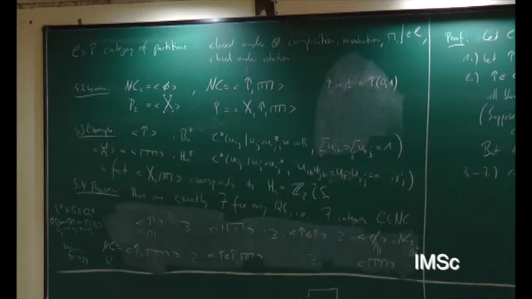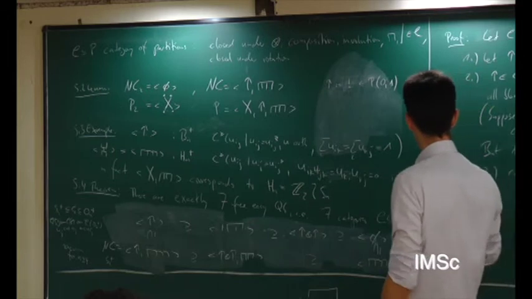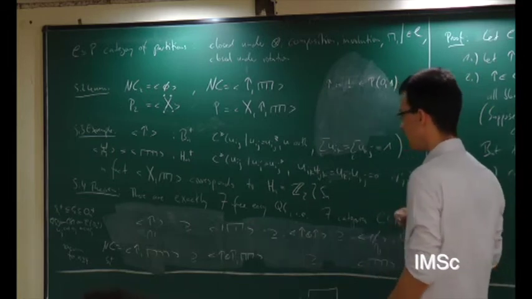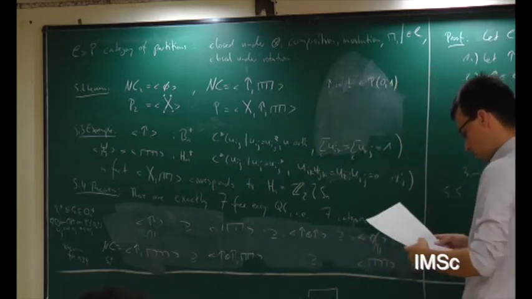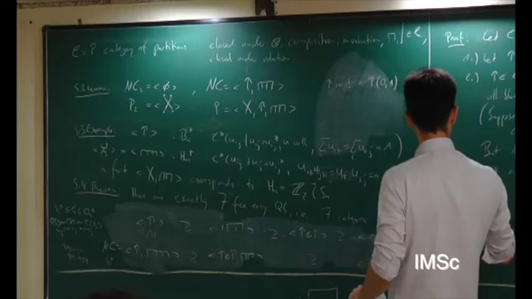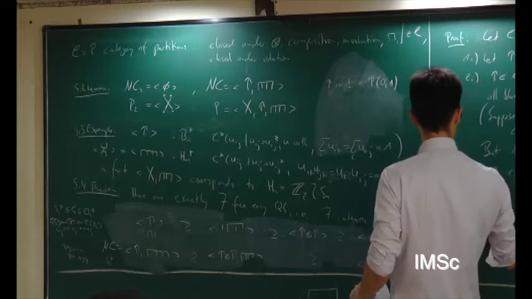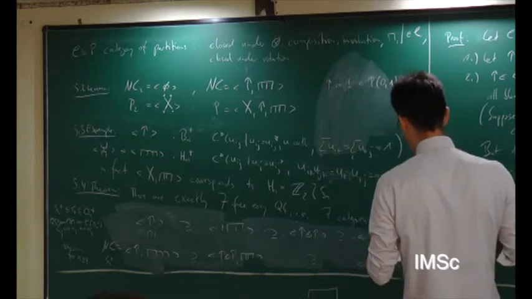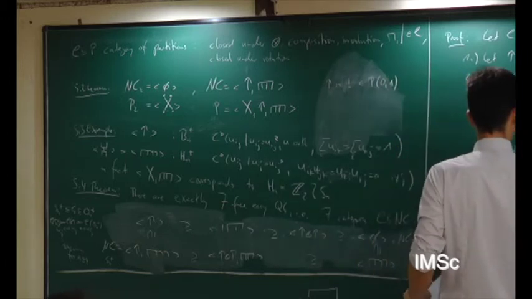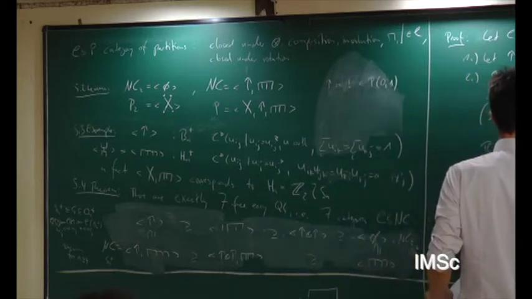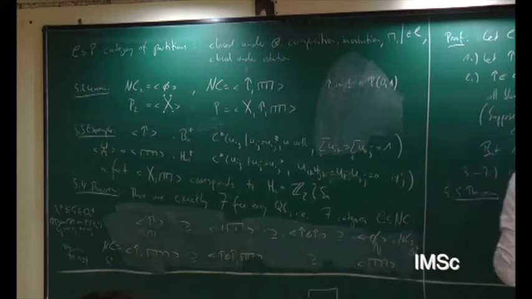Okay, so these are the 7 non-crossing cases. We can also consider another extreme case, and that is the case of the groups. Theorem: there are exactly 6 easy groups.